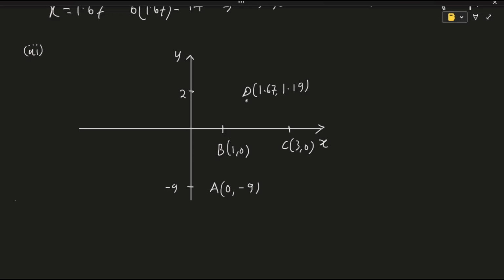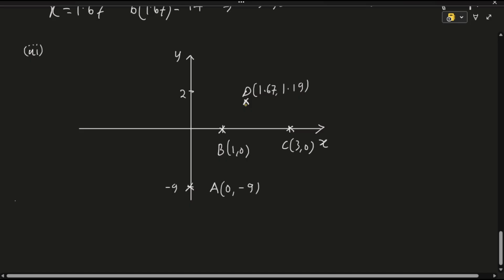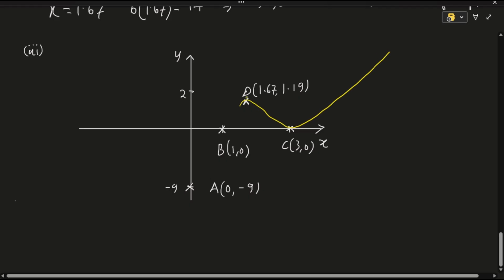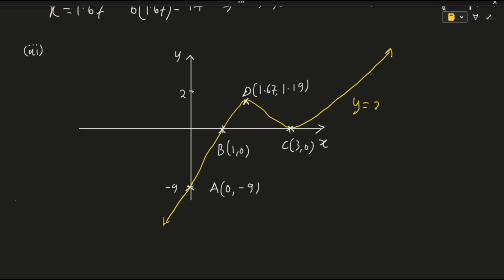So we have these points. D is the maximum turning point, and C is the minimum turning point. So we're going to have a curve in the form. So that is the curve.